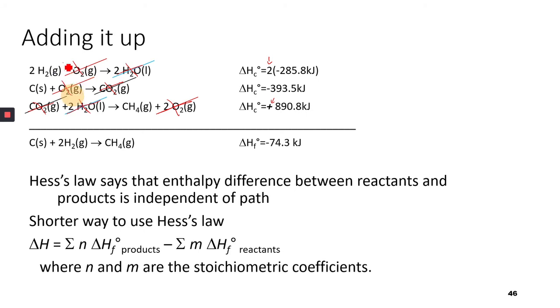So what are you left with? When you bring it all down, isn't that the reaction that you wanted to get? Because whatever you did to your chemical reactions, you did to your delta H's, you can add these up, and this would be your heat of formation for that reaction. It's actually kind of fun once you get to play around with it. It's a little bit of strategy and puzzle solving.